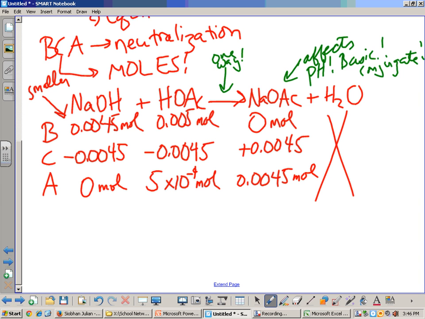That's absolutely critical to realize, that when you're titrating a weak acid with a strong base, you are generating the conjugate base of the weak acid, and that conjugate base has an effect on pH. So this A row is describing your solution after you've added that 45 milliliters of your sodium hydroxide solution. It's saying how many moles of the weak acid did we use up to neutralize it? How many moles of the sodium acetate have we generated through that neutralization process?